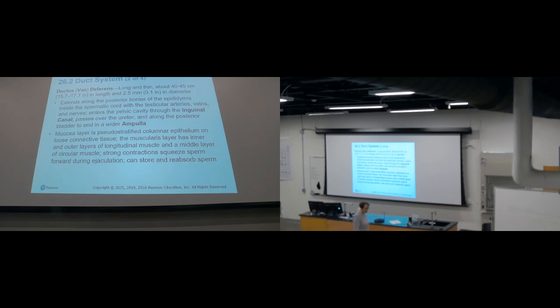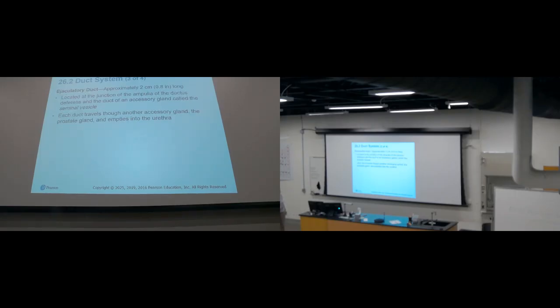The next layer outside of this epithelium is smooth muscle cells that allow the contraction and relaxation so that you will have peristalsis. So you have a longitudinal muscle and a middle circular muscle that helps the transfer of the sperm to be faster. And here you also have innervation by the sympathetic and parasympathetic systems.